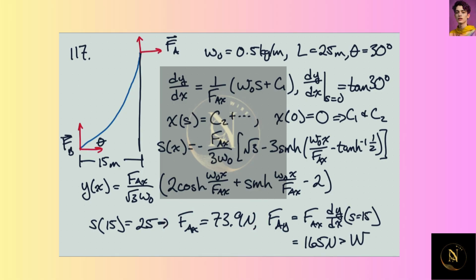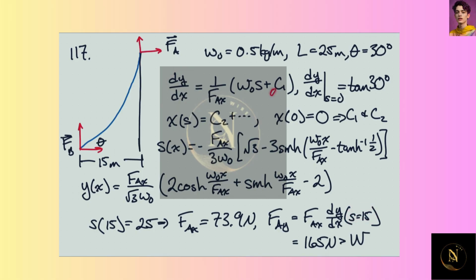And now we can also figure out the angle here, or the slope here. We know that FAY, the vertical component, is FAX times the tangent of the angle here. And we know the tangent of that angle is the derivative dy/dx at s equals 15.